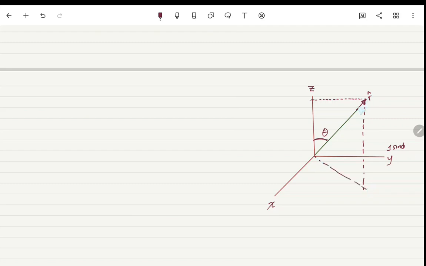So r hat equals, let's name this one a_rho here, a_rho sine theta, because this one here is cosine and this one here is sine, plus k hat cosine theta.